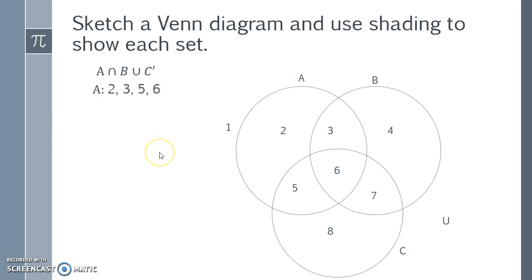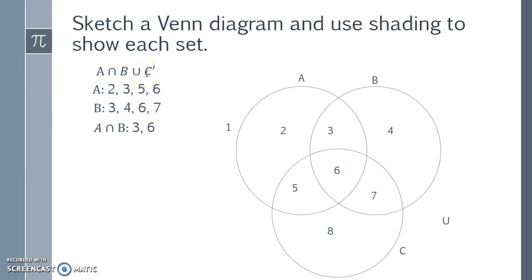So I'm going to first start off by identifying what is in section A, giving me 2, 3, 5, and 6. What is in section B? Section B is 3, 4, 6, and 7. I want to find where those two intersect, so the numbers which they have in common are 3 and 6.